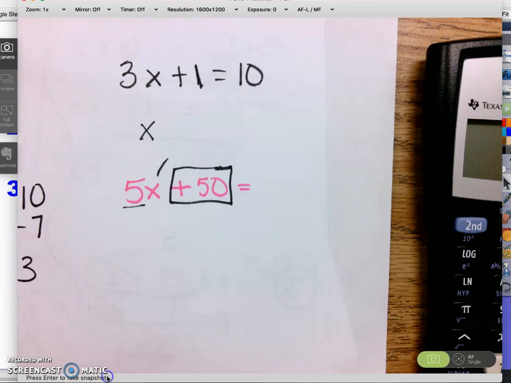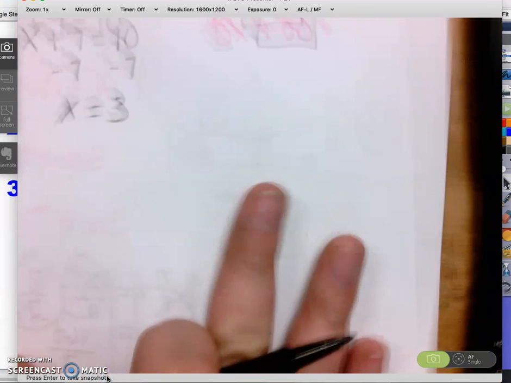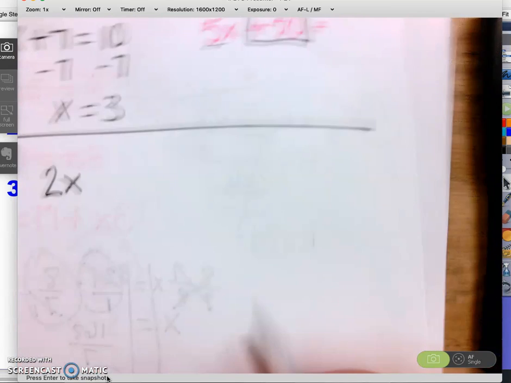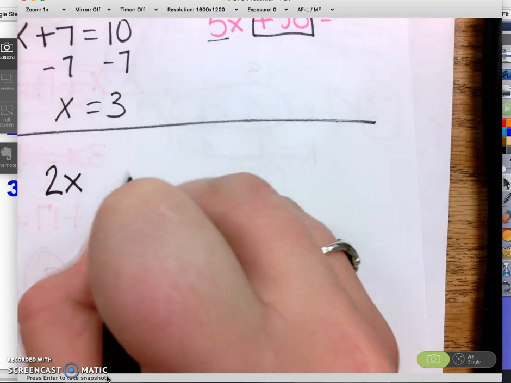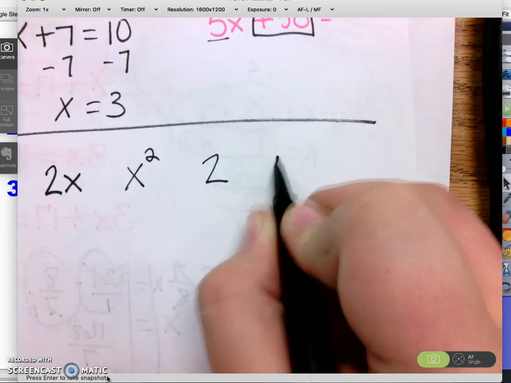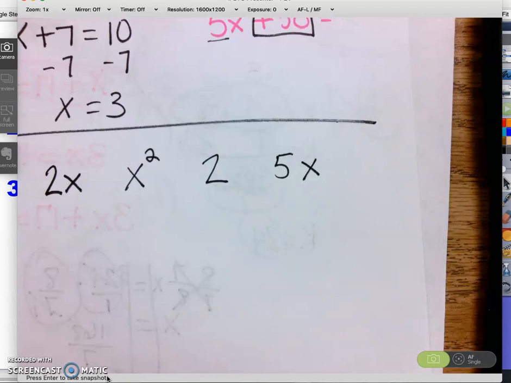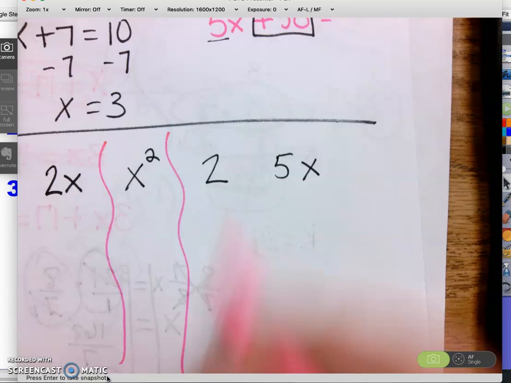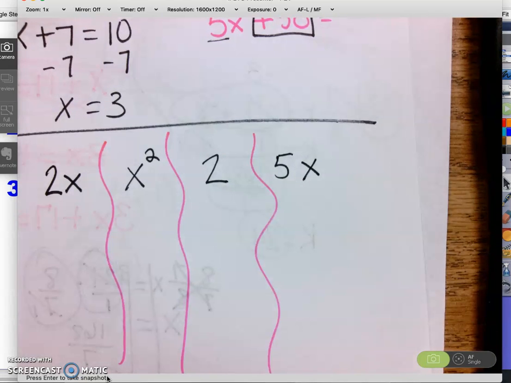Before we get too far on that, I want to review. So I'm going to write down 2x, x squared, 2, and 5x. There are 4 different terms here, right? Let me split them up a little bit.